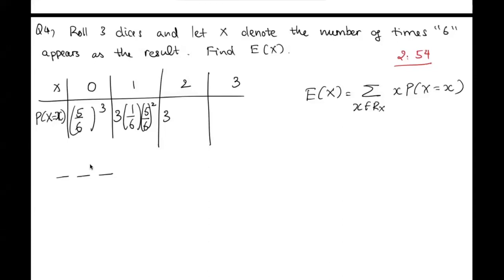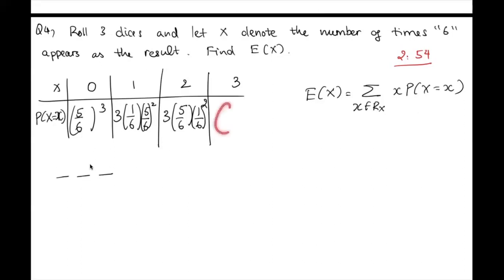And once you fix that position, you have to find the probability that you can get some number from 1 to 5, which is 5/6. And at the same time, the other 2 positions have to be 6. So it is 1/6 squared.